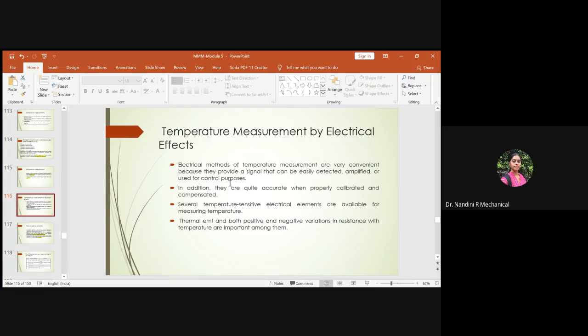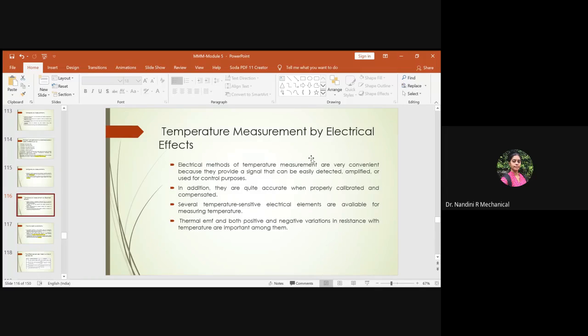Why? Because they provide a signal that can be easily detected, that can be amplified, and that can be used for control purposes. Only if it is detected, it should be worth amplifying so that the operator will get the output signal as per the requirement so that it could be measurable.